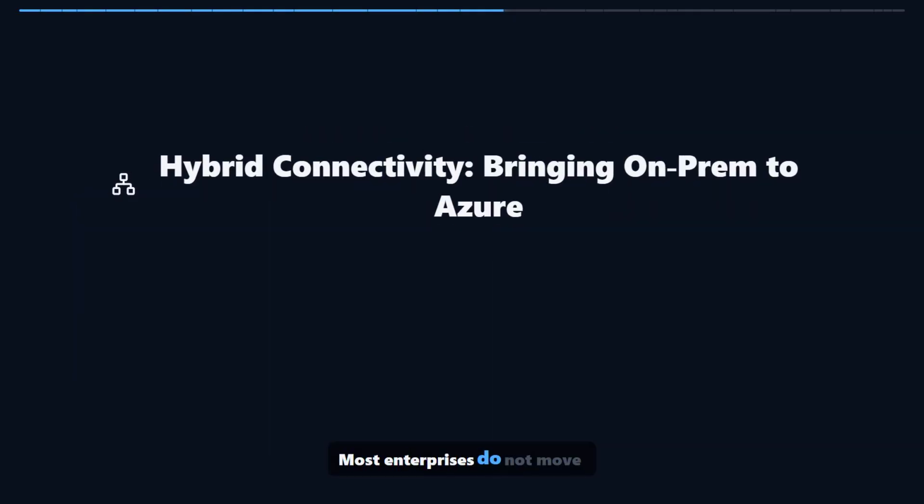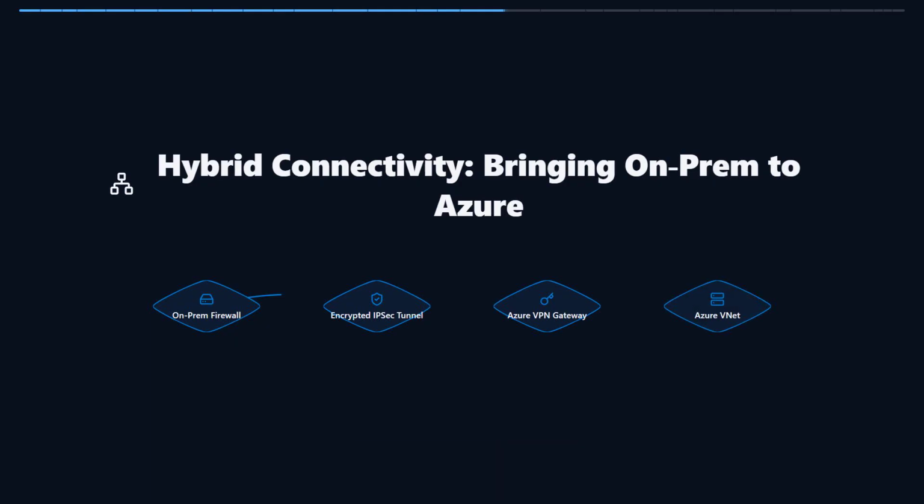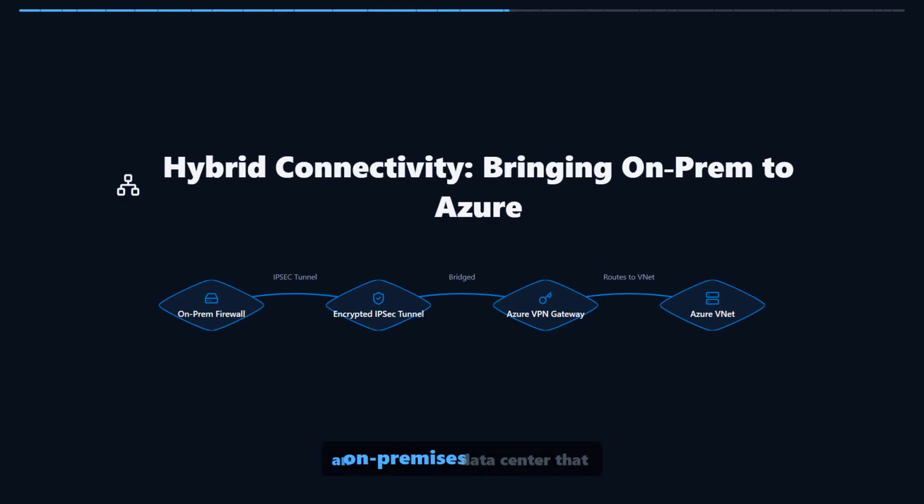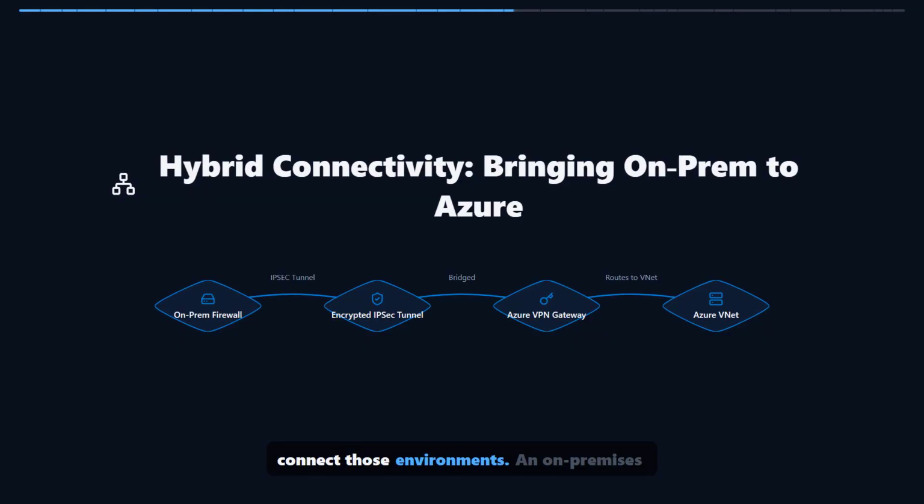Most enterprises do not move every system to the cloud at once. They may still have domain controllers, file servers, databases, and legacy applications in an on-premises data center that need to communicate with Azure resources. A site-to-site VPN can connect those environments.